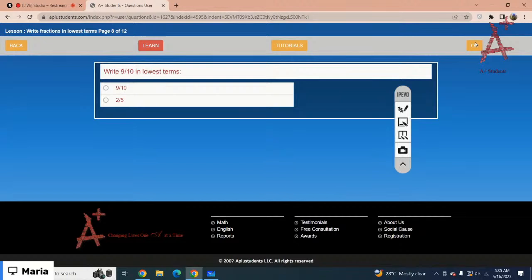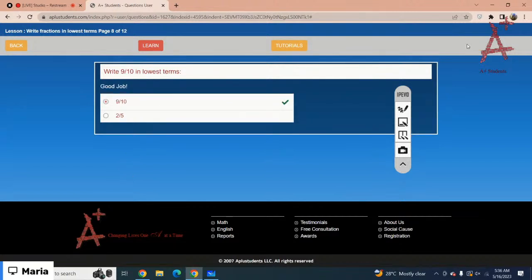Write 9 by 10 in the lowest form. So which is the correct option? Yes, it would be 9 over 10. They are already in the lowest form.